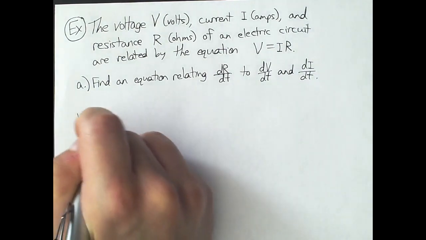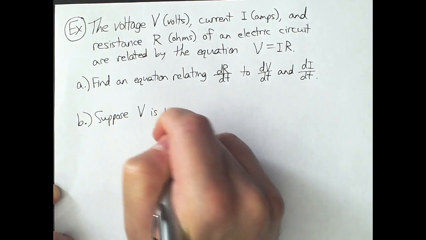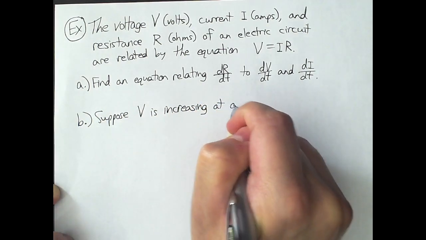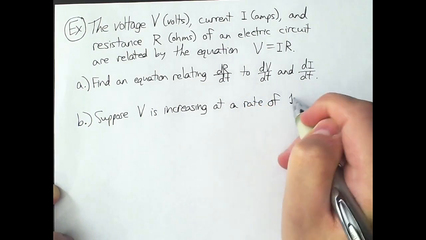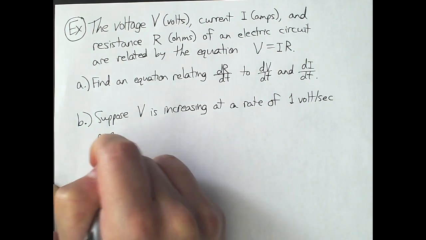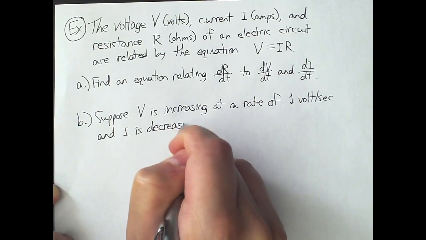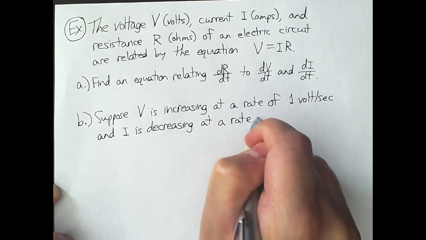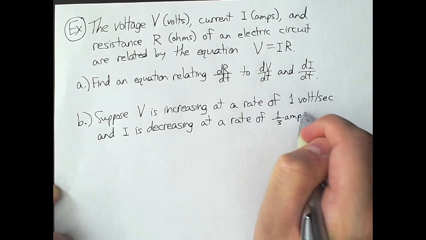Part B, suppose V is increasing at a rate of 1 volt per second, and I is decreasing at a rate of 1/3 of an amp per second.